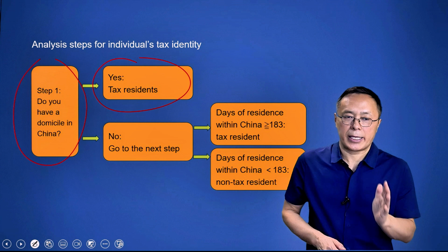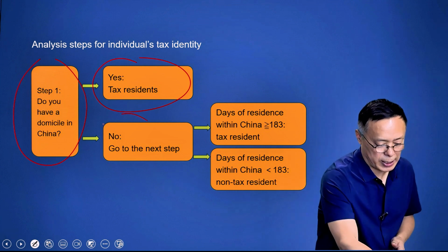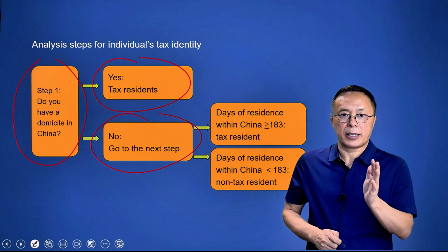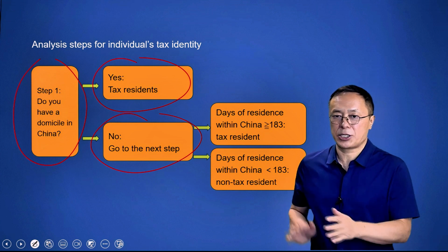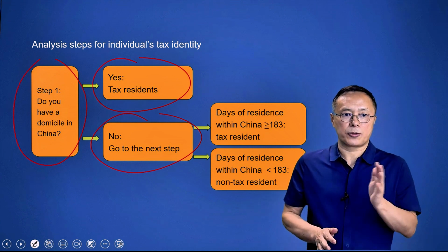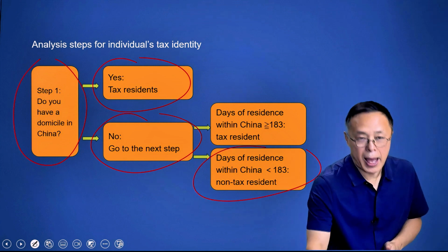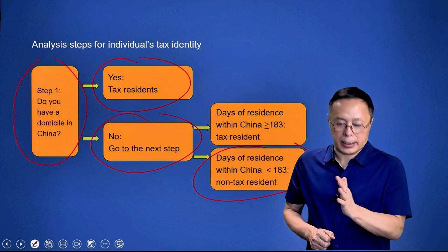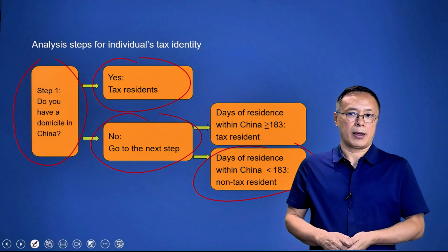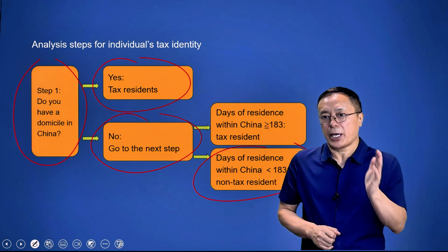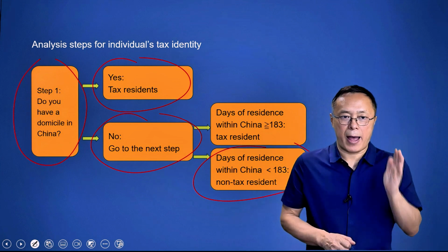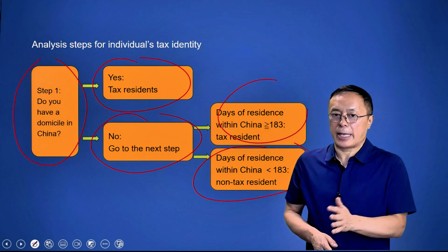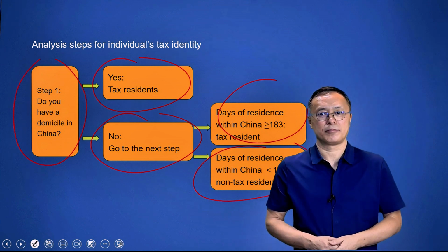If he or she does not have Chinese registration, then let's go to the second step. Check the number of days he or she resides in China. If the number of days of residence in China is less than 183 days, he or she shall be deemed as a non-tax resident. On the other hand, if he or she resides in China for 183 days or more, he or she shall be deemed as a tax resident.